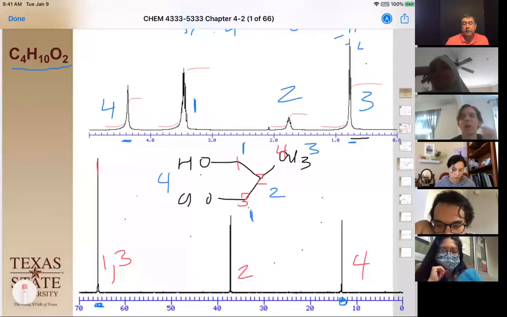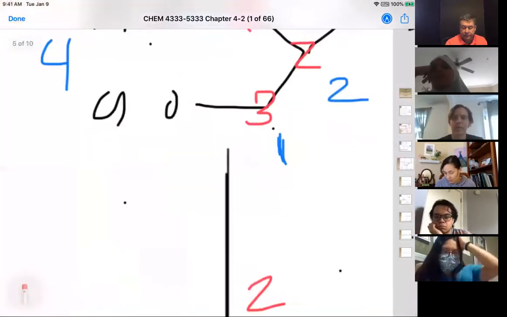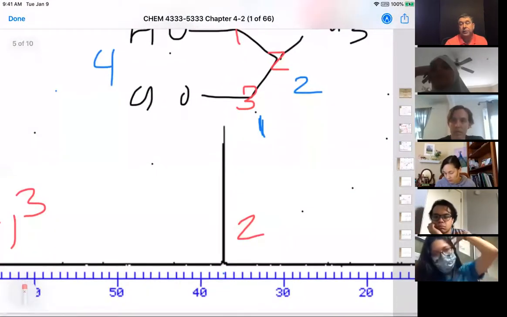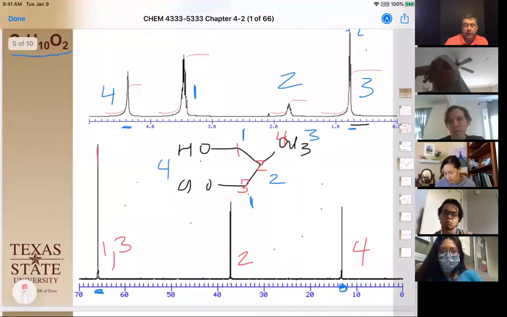So the first blush would tell us we have 3 different kinds of carbon, which I think is consistent with our structure here. Again, that could just be a broad peak. It just happened to be a little broader in the copying of it. But no, I think this is consistent.